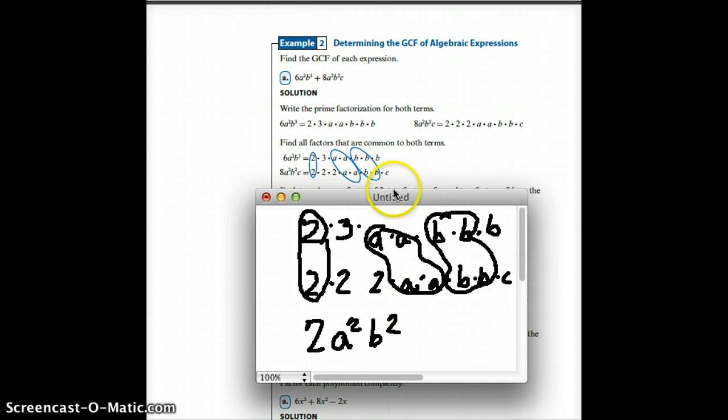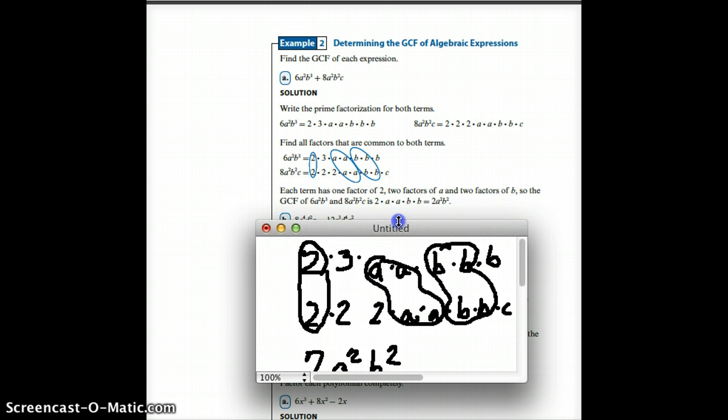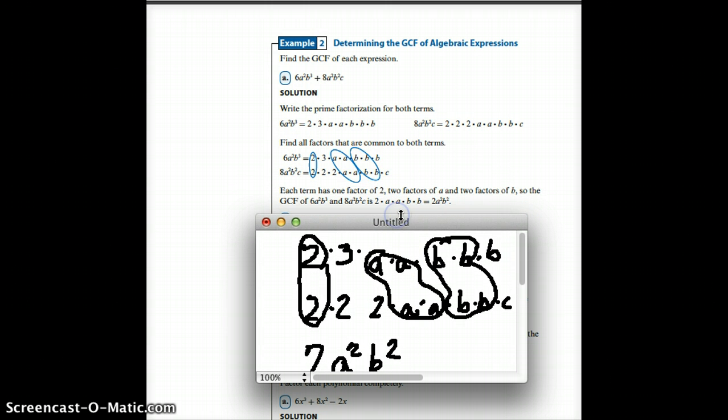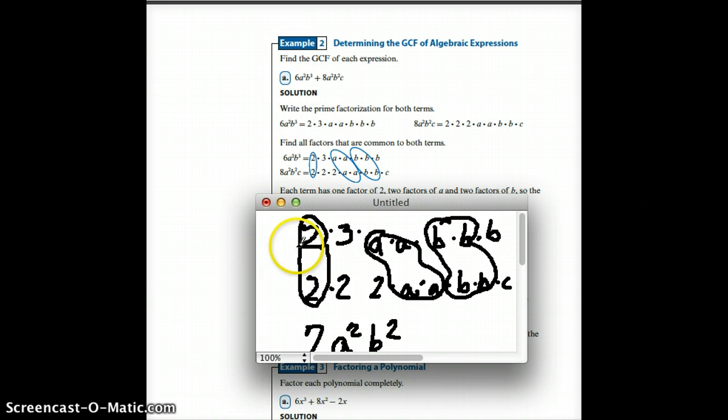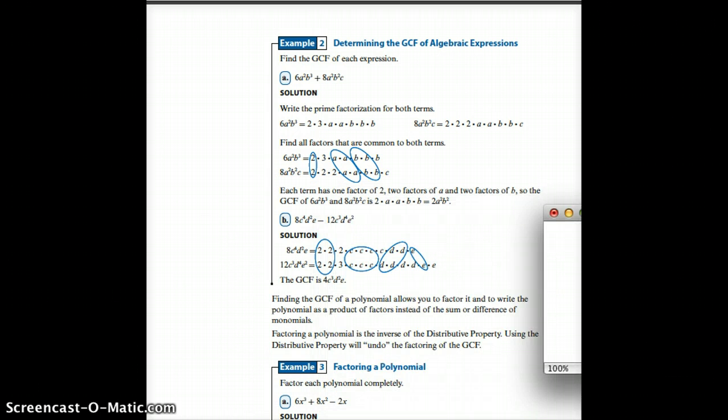Let's see if I got it right. There you go. Each term has a factor of 2, 2 factors of a, and 2 factors of b, so the greatest common factor is 2a squared b squared. You see that? I put the factors down on top of each other so you can see, and then you circle what they have in common.